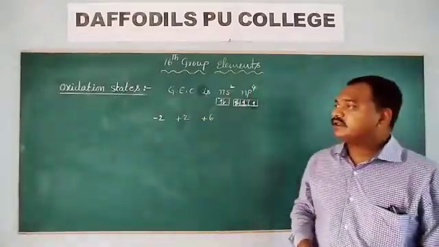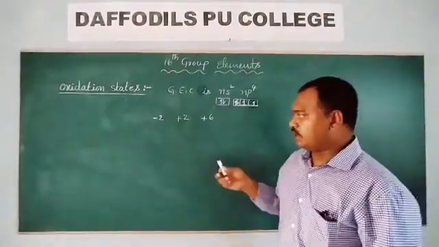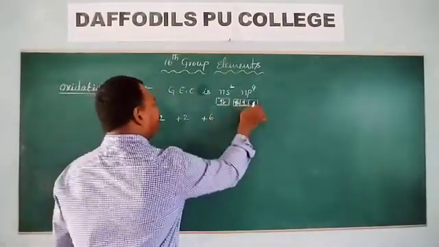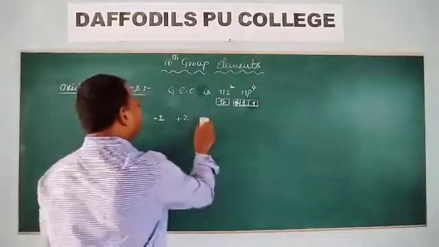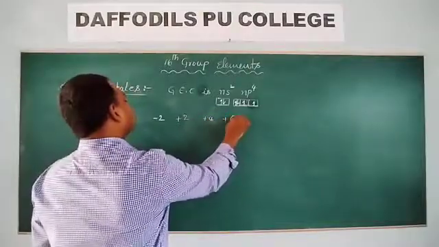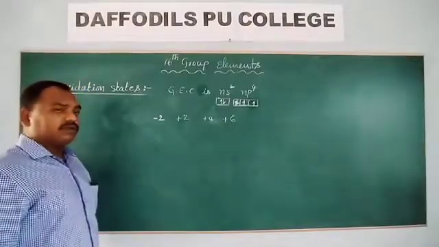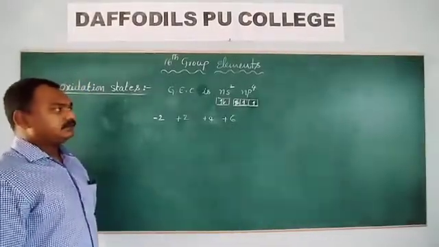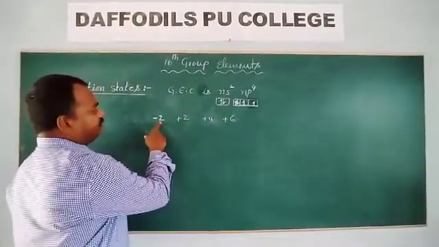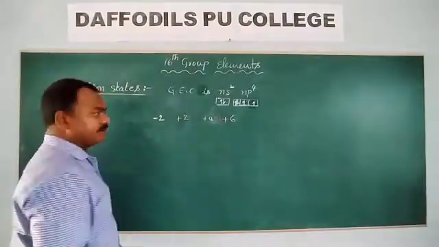If these 4 electrons are donated during bond formation, then you get the oxidation state +4 also. So 16th group elements will show the oxidation states of -2, +2, +4 and +6.